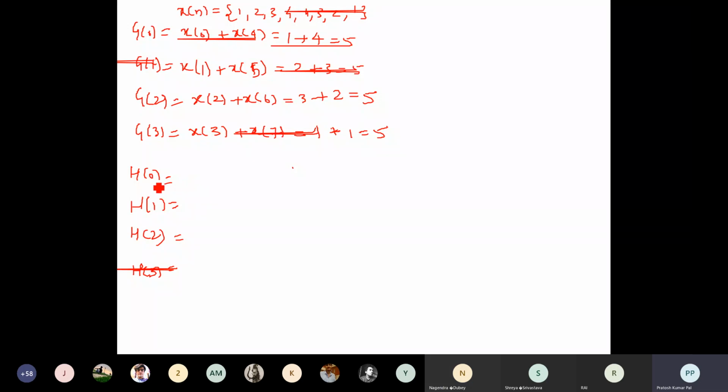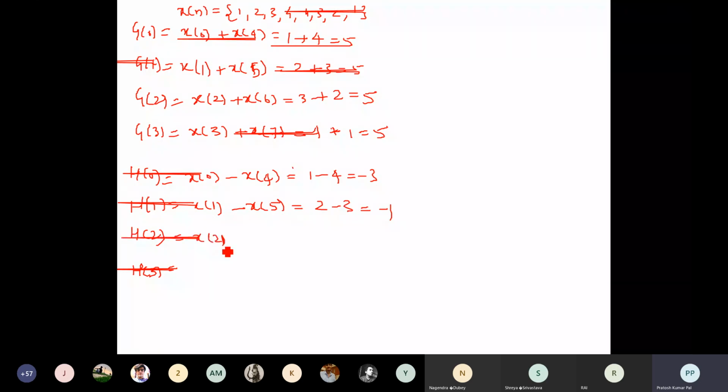Similarly, we can find out h of 0, so it will be x of 0 minus x of 4. So it will be 1 minus 4, which is minus 3. x of 1 minus x of 5 is equal to 2 minus 3, which is minus 1. x of 2 minus x of 6 will be equal to 3 minus 2, which is 1. x of 3 minus x of 7 will be equal to 4 minus 1, that is 3.